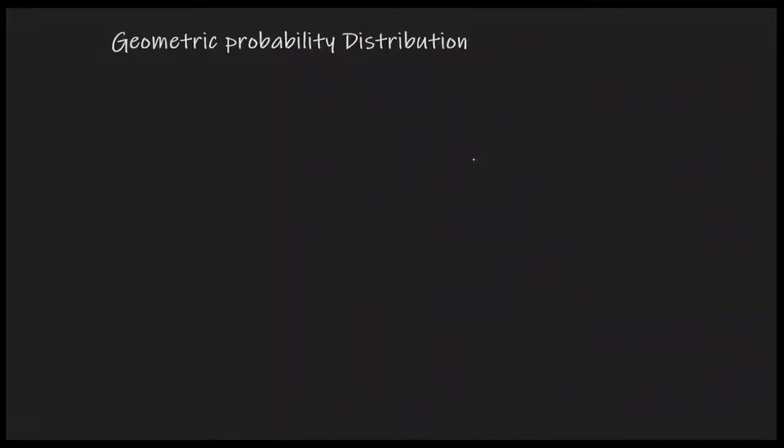In this video, I will be explaining geometric probability distribution. It is an extension of binomial probability distribution. So let me remind you what were the 4 conditions for deciding to apply binomial probability distribution. First one was that there are only 2 options, success and failure.